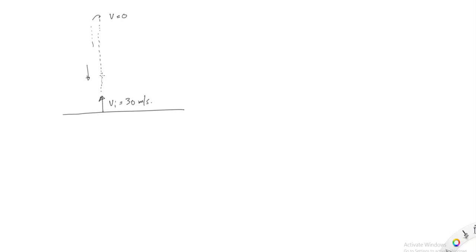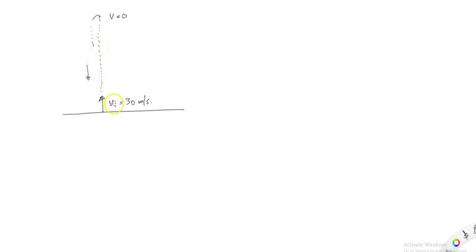Atmosphere is a big resistance, but for these kinds of problems we don't need that much sensitivity, so we can assume that atmosphere's resistance is not that significant to the accuracy we are looking at. That's reasonable. So without these resistive forces, this problem is interestingly very symmetric.